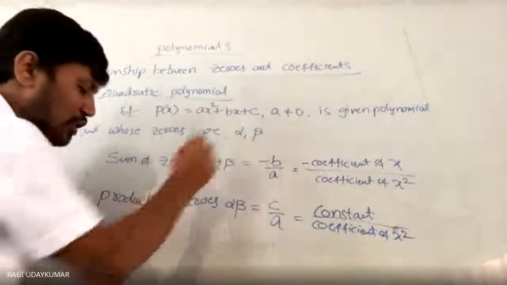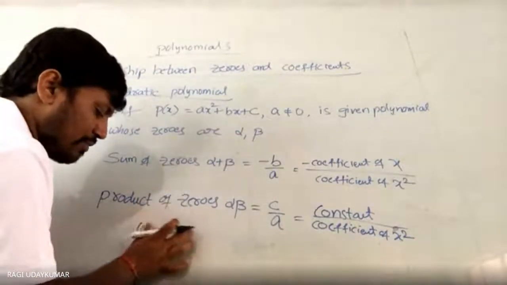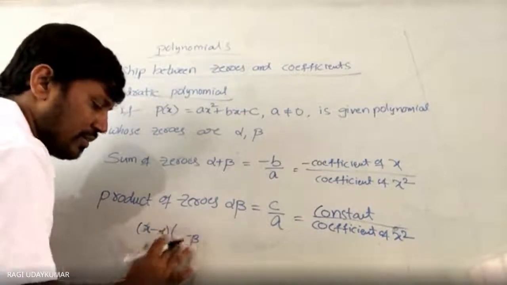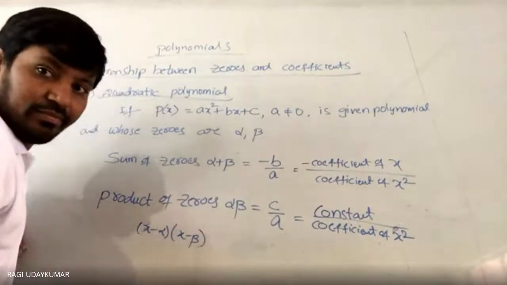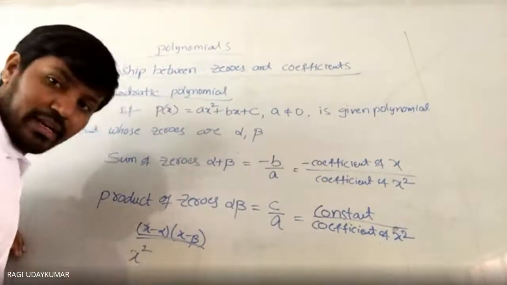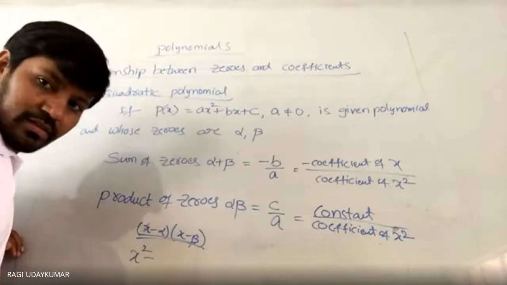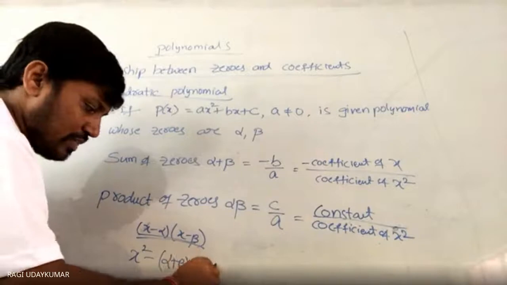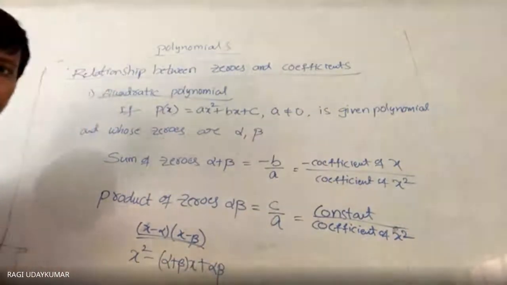If these two are the zeros, the polynomial may be in the form of x minus alpha into x minus beta. If you expand this, you get x square minus alpha plus beta into x plus alpha beta.